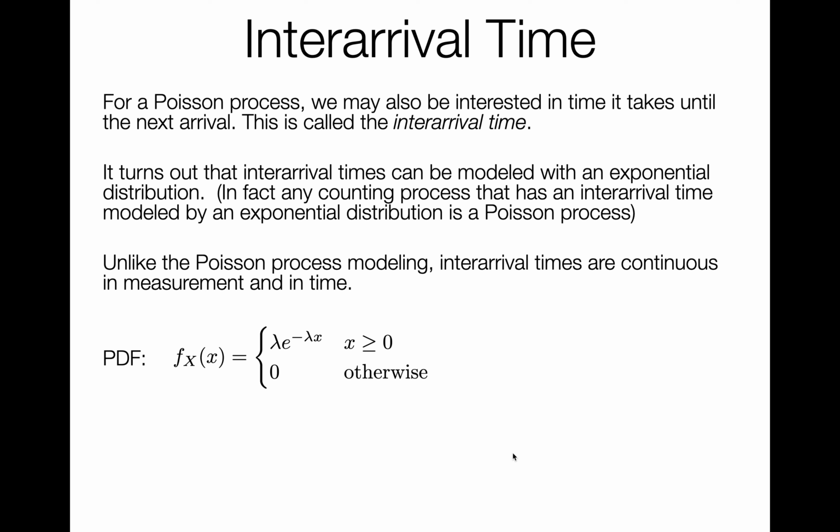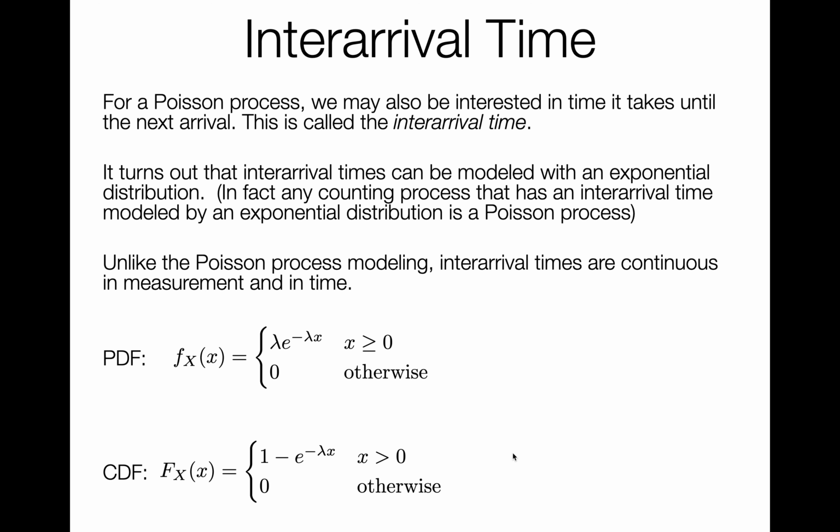The PDF of the interarrival time is equal to lambda e to the negative lambda x, and the CDF has a nicer form than when we were dealing with the Poisson process. The CDF of interarrival times that are exponential is 1 minus e to the negative lambda x.